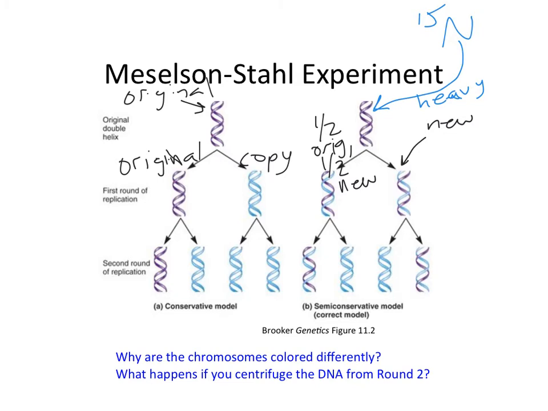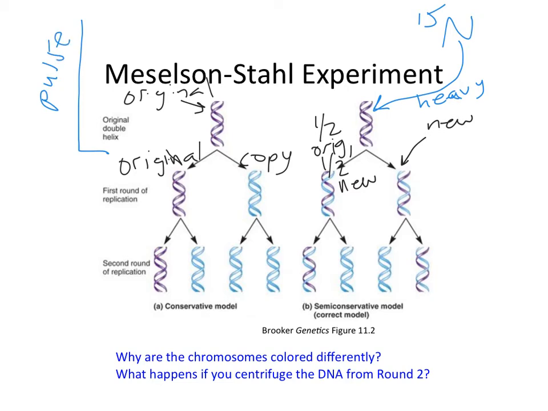They grew the bacteria in heavy nitrogen, so all of their DNA in these bacteria was heavier than it normally would be. They had nitrogen 15, not nitrogen 14. Those are the dark colored strands up there. And this is a type of experiment called a pulse chase experiment.